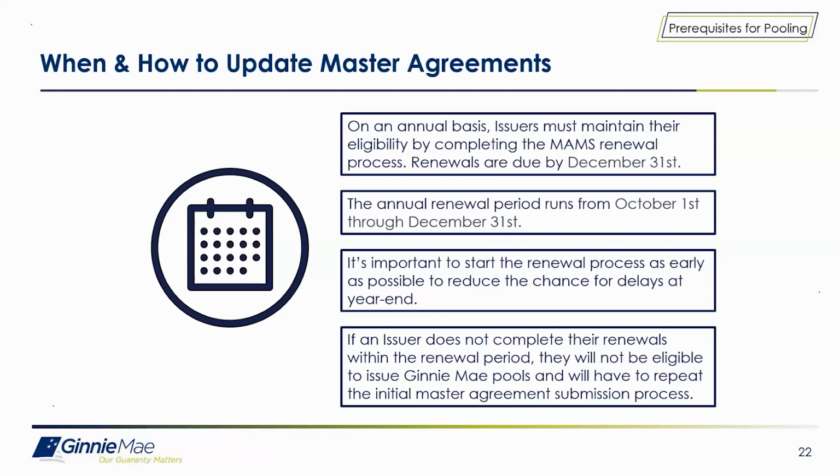Come January, if you did not do your master agreements, you're not going to be able to do your new pools in January because you don't have complete master agreements on file. So it's very, very important to start on October 1st. I will just be sitting and waiting for October 1st. And the minute it comes around, if you're making changes, of course, you're sending your new changes for your accounts. But if you're telling Ginnie Mae that you are renewing for 2025 and nothing has changed, you go ahead and do that right away once it comes available. That means you're going to be using the same accounts, the same custodian, nothing has changed for the coming year.